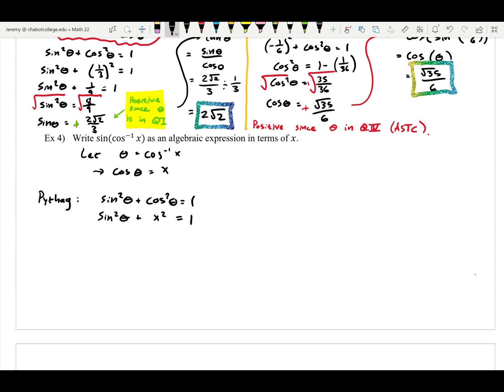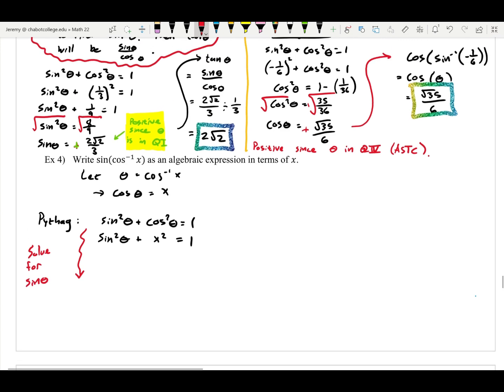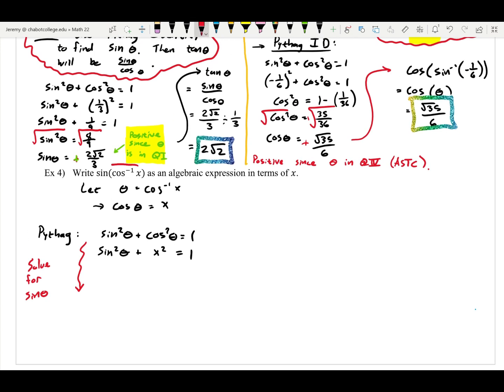Okay, and what I'm trying to do here now is solve for sine theta just like I did in the previous examples, because ultimately what I'm trying to represent here is sine of theta. So I'll solve for sine theta, and what I end up with is this, plus or minus the square root of 1 minus x squared.